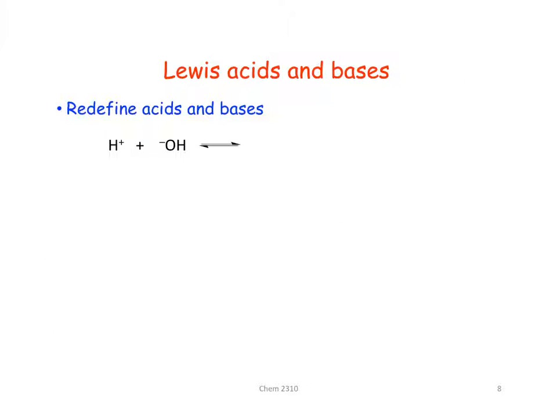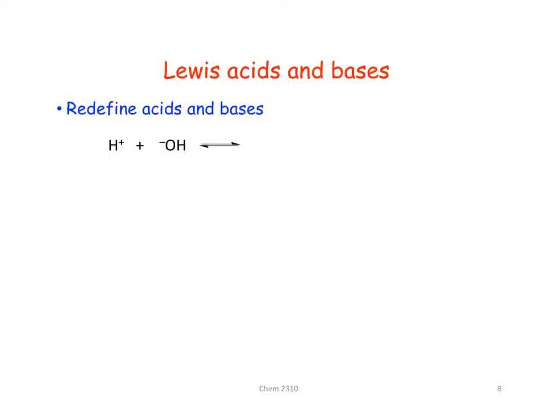All right, so one last thing that we're going to talk about. We're going to give you a slightly more broad definition of acids and bases, right? We've talked about Lewis acids and Lewis bases. We've talked about Bronsted-Lowry acids and bases where the proton is being transferred, right? So an acid was a proton donor, the base was a proton acceptor.